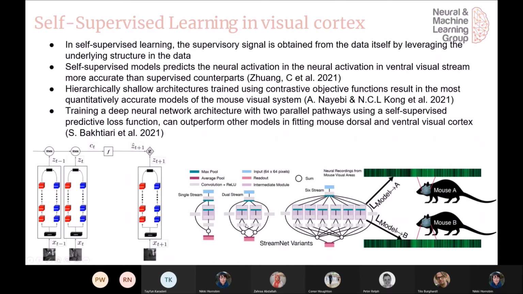They basically have different streams of neural network, and they train them with contrastive learning. And then they realize that each of these networks resembles one area of the visual cortex. So these are recent studies, and neuroscience is still doing more work to understand what the learning algorithm in the brain is. But these are some evidence that show that something like self-supervised learning could happen in the brain.